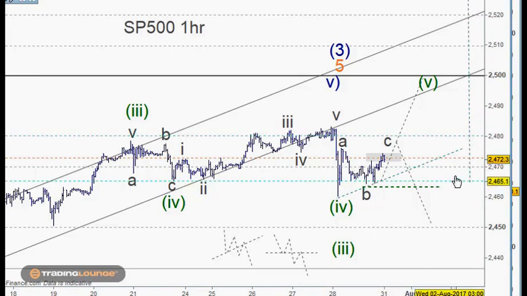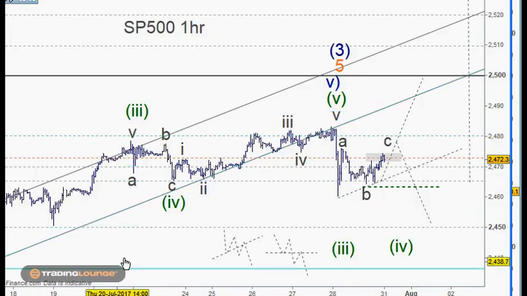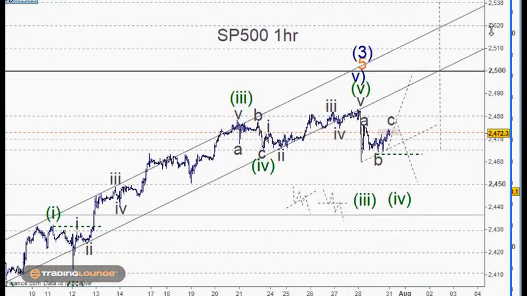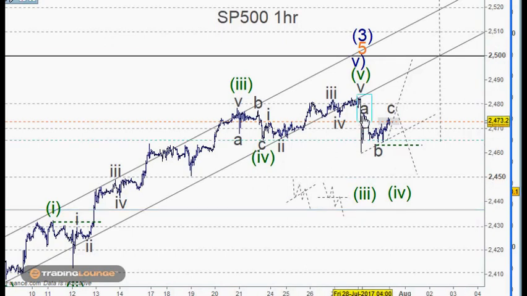One of them is this here, where we've been looking for a large top, and I was expecting it to move to 2,500, but it fell out of bed very sharply here. But it has given us our little 5 waves up here. So we could be in a bearish mode from here.